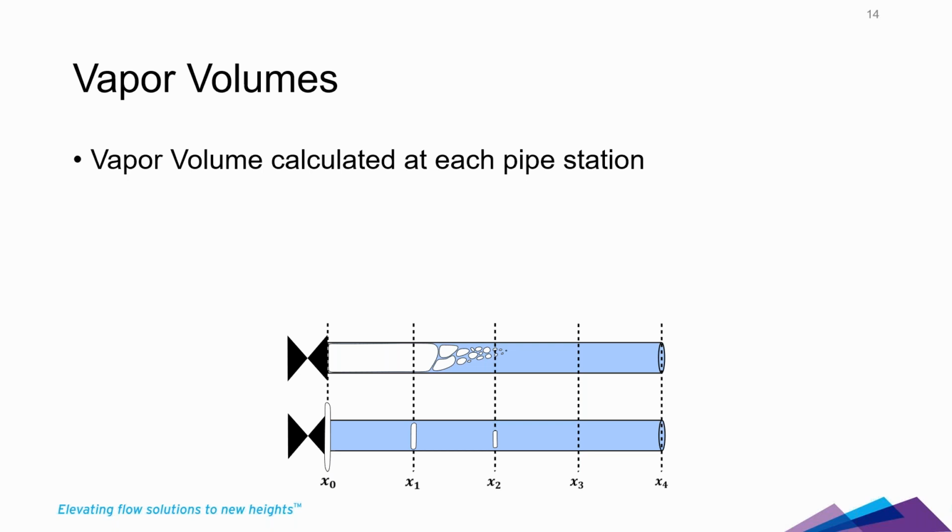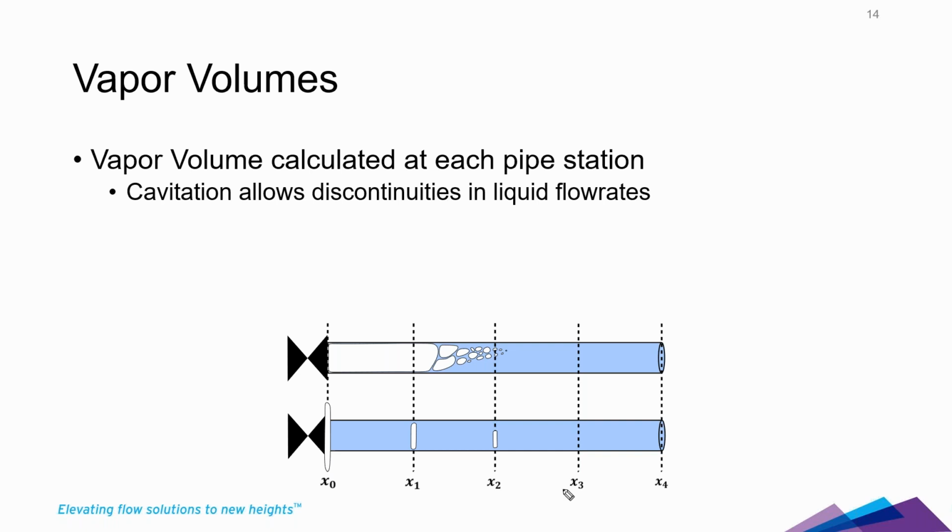All right, so we're talking about vapor volumes there, and cavitation allows discontinuities in liquid flow rates. So this is something that's important to pay attention to. If you were to look at the mass flow rate at this particular pipe station right here, the mass flow rate coming into the pipe station is not going to equal the mass flow rate coming out of the pipe station.